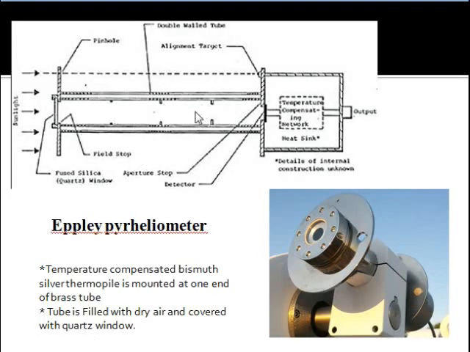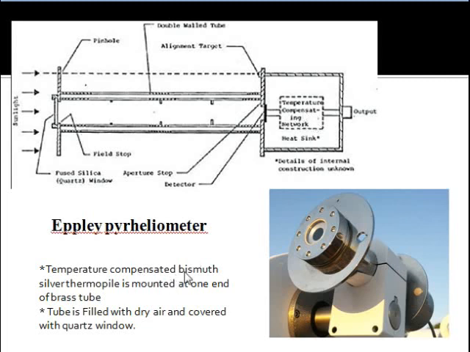And this whole tube is filled with dry air, and it is completely blocked airtight, and here there is a quartz window. The end of this collimator tube has a sensor, and the sensor is nothing but a temperature compensated bismuth silver thermopile.